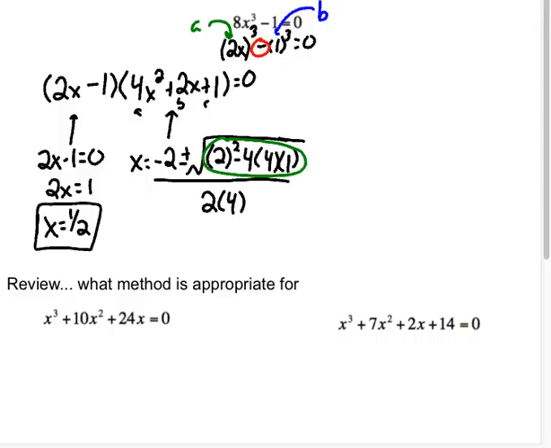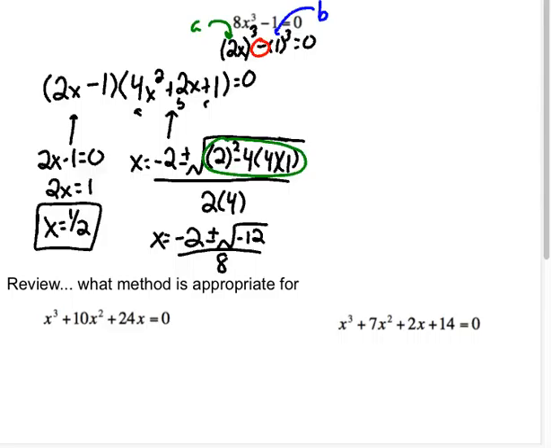So what I end up getting is negative 2 plus or minus square root of, let's see here, that will give me a negative 12 over 8.